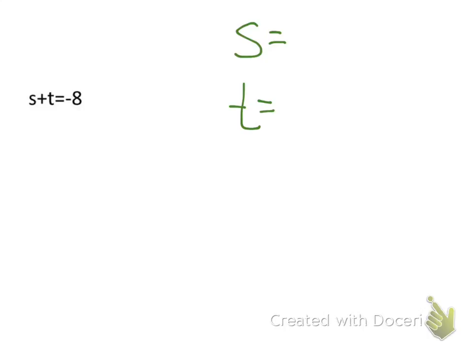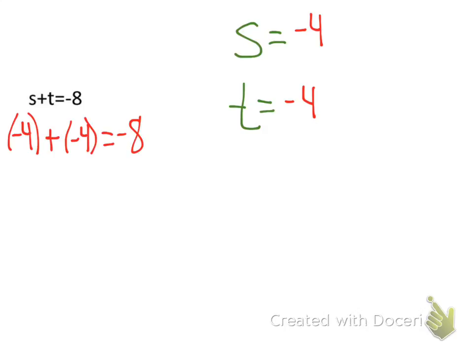Raise your hand if you have one. Yes, ma'am. Negative 4 for S and T is negative 4. Okay, let's see if negative 4 and negative 4 works. So I have negative 4 for S plus negative 4 for T equals negative 8. Is that true? That works.